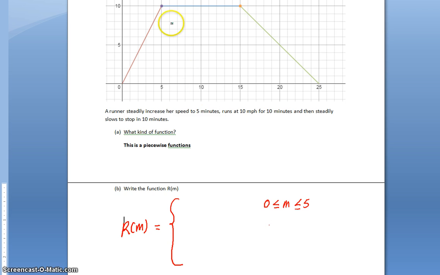And the second piece is a horizontal piece. It's between 5 and 15. And the third piece is when it's slowing down, because we have to write it separately, since you have to have a different function. So 15 onward.